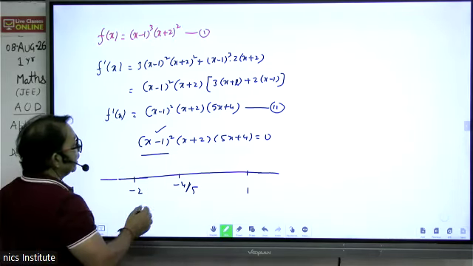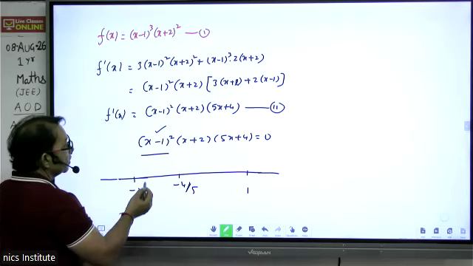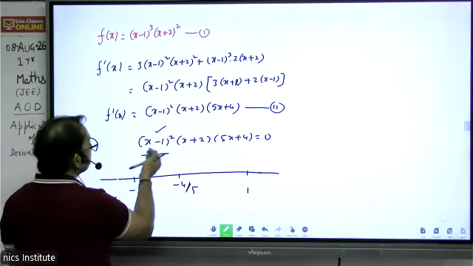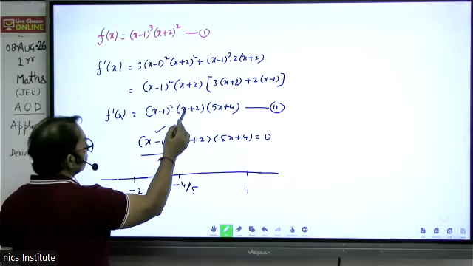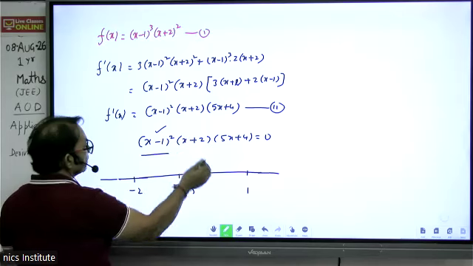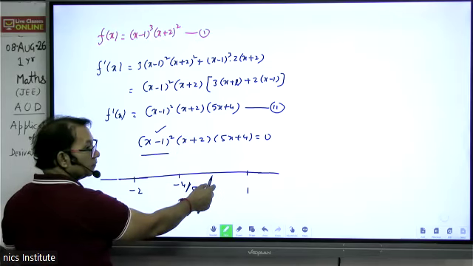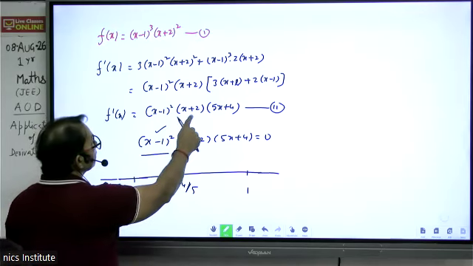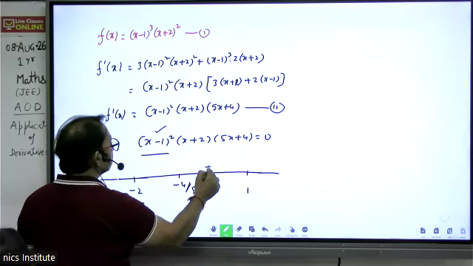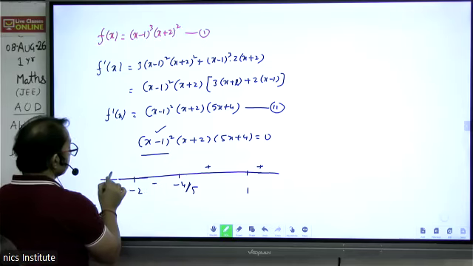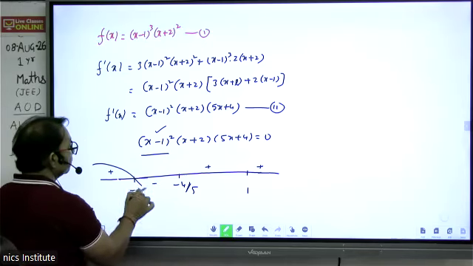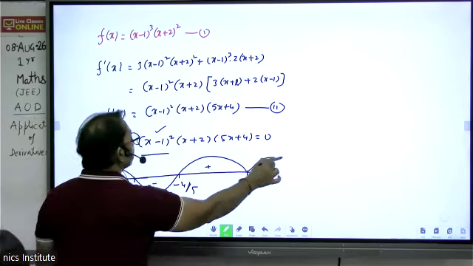So if I take x is equal to say 0, this derivative comes out to be positive. If I substitute x equal to 0 over here, x equal to 0 lies in this interval, and this is positive, positive, positive. So this is positive. This is also positive. This is negative, and this is positive. So this is the sign scheme for the derivative.